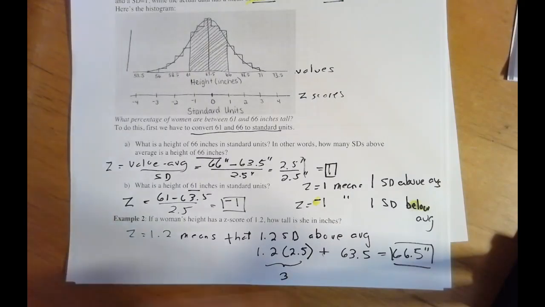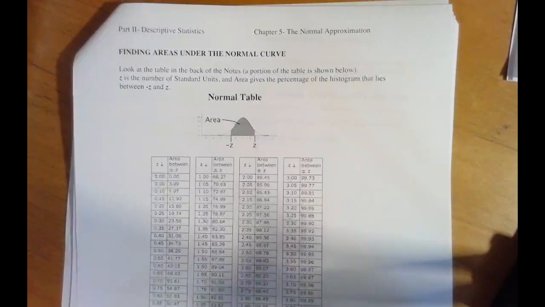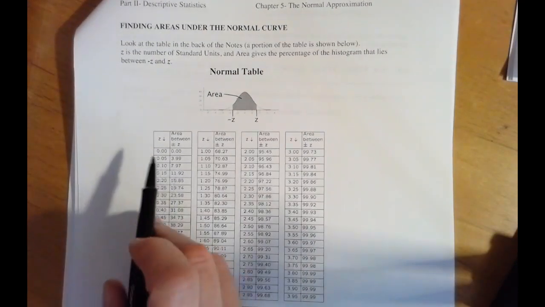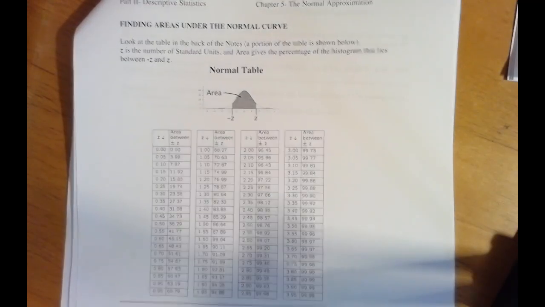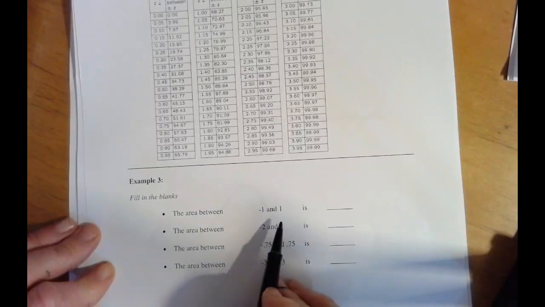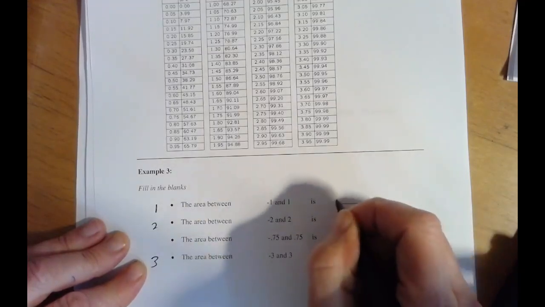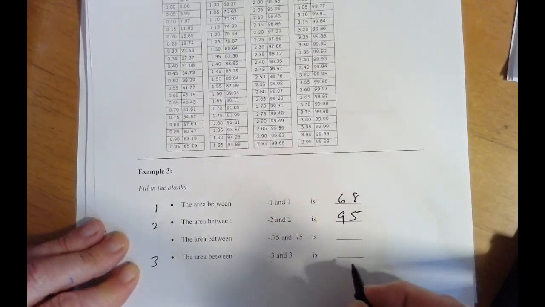And now let's look at this normal table here. And it might not be the same type of table that you're used to because it just displays the middle area here. So it gives you z-scores between z and negative z. So if we look for our 1, 2, 3 rule, like the area between negative 1 and 1, according to that 1, 2, 3 rule is 68%, 95%, and 99.7.